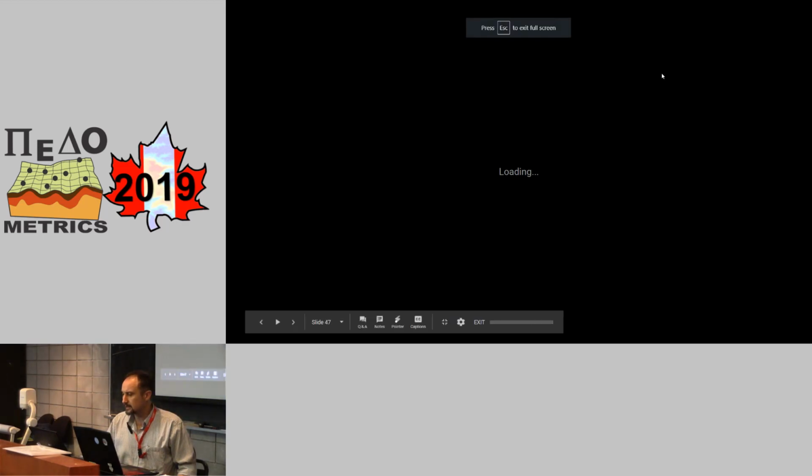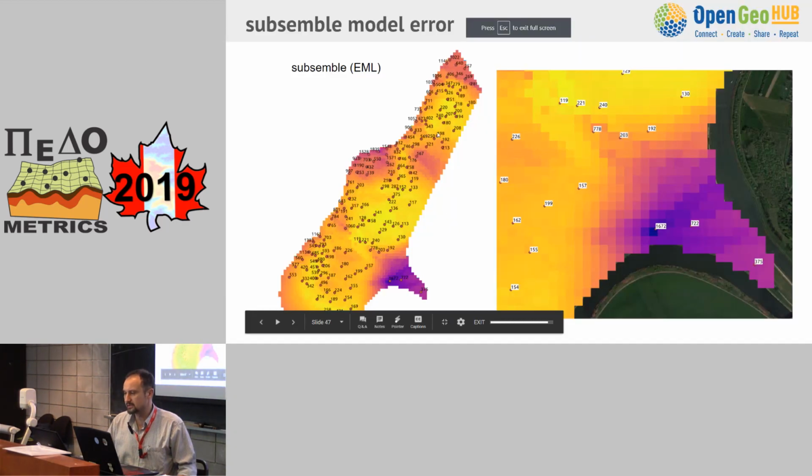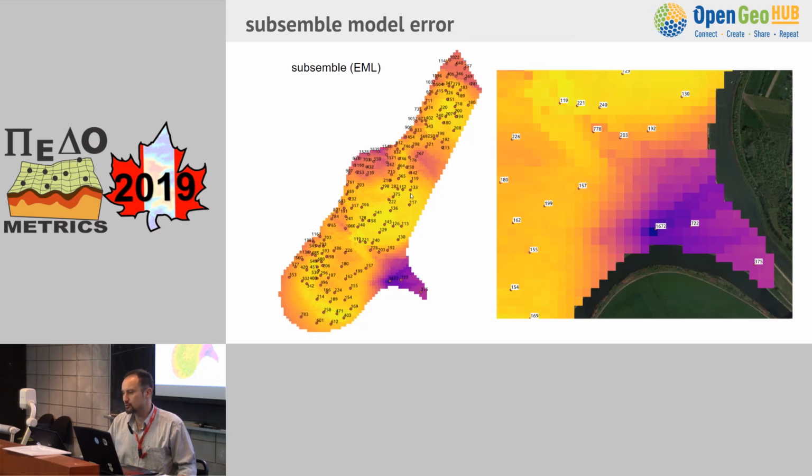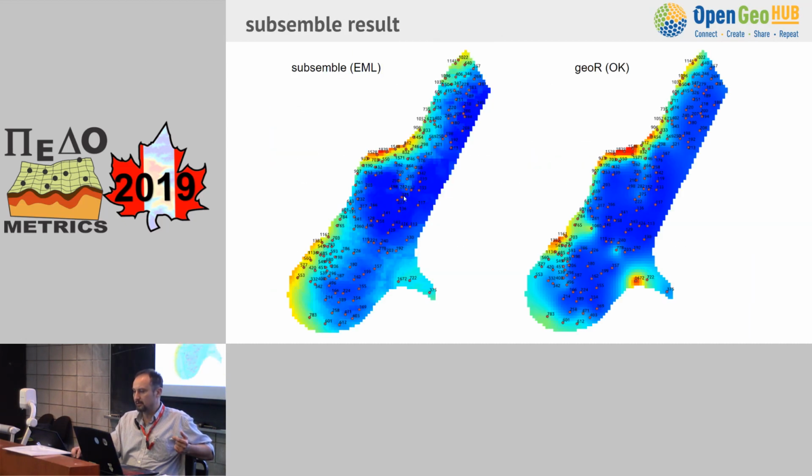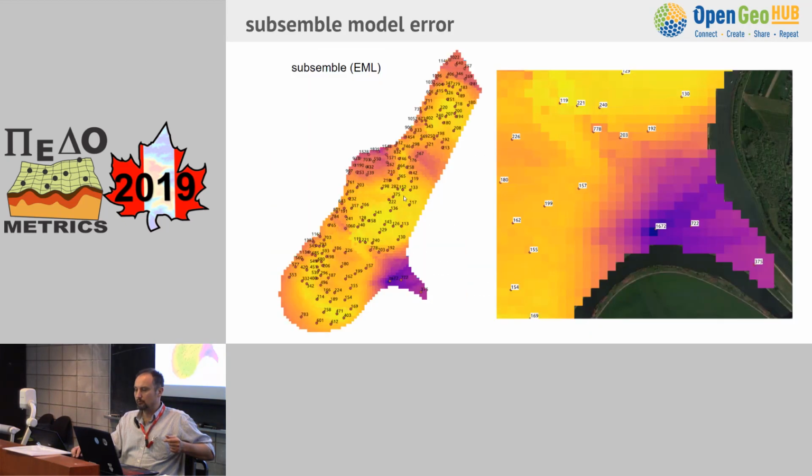So the question is, this is the model error from Ensemble, and where would you go and sample here? If I told you I want to improve the map, I have a little budget, so for this map I can only sample like 50 points. Where would you go and sample?